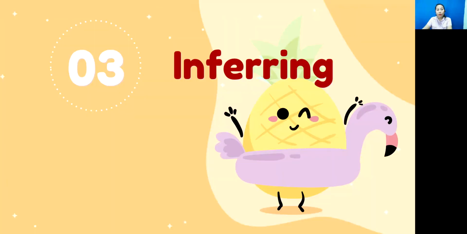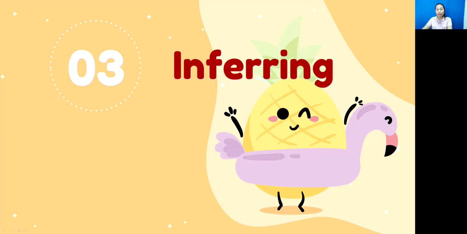Now, let's move on to number 3, which is inferring, or we infer. Everybody say inferring. Okay, inferring or infer. This is when we are thinking of what will happen in the future.